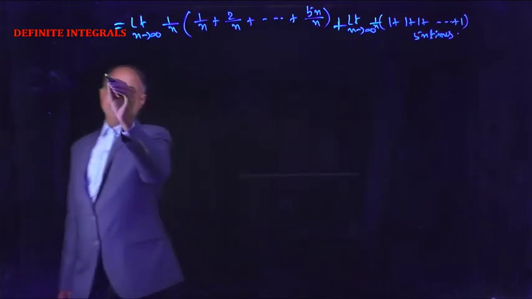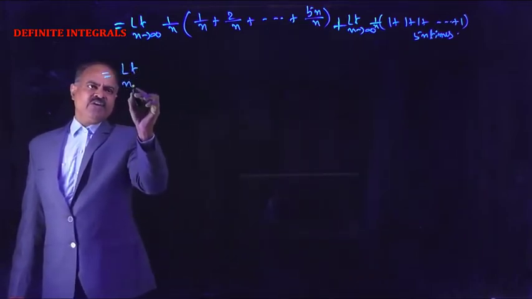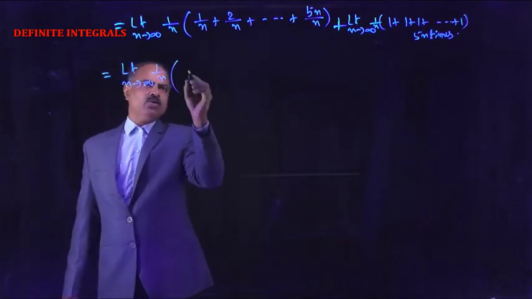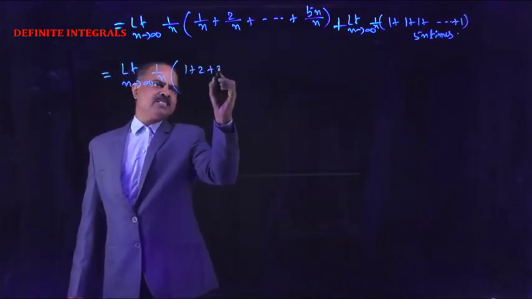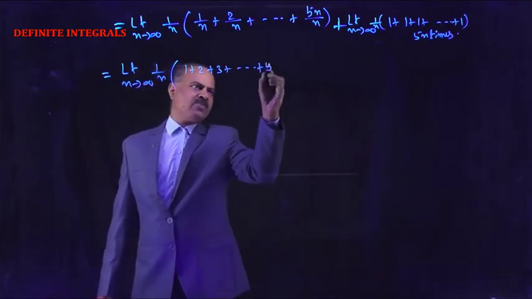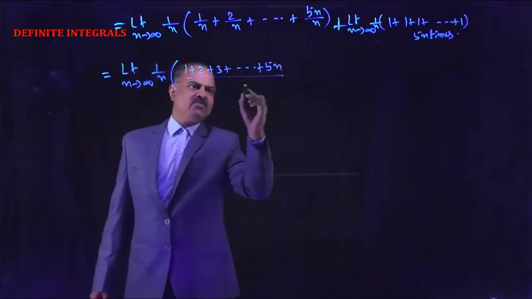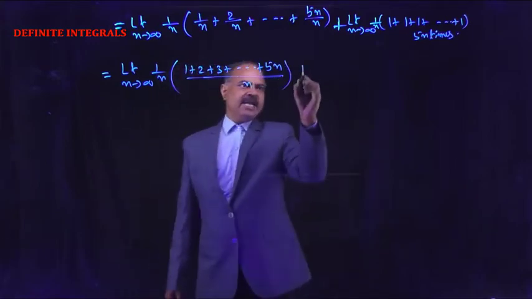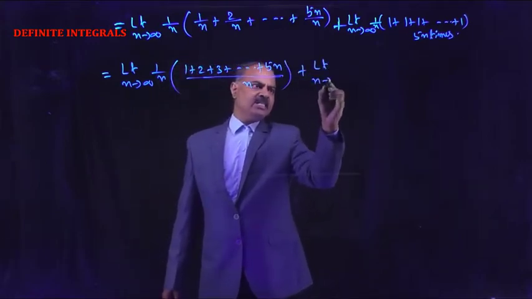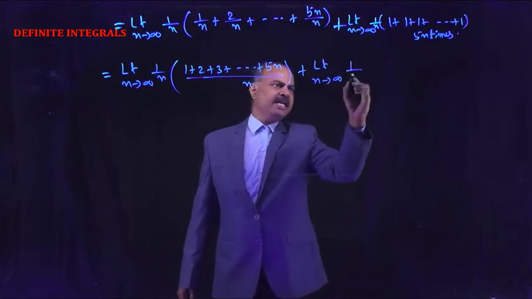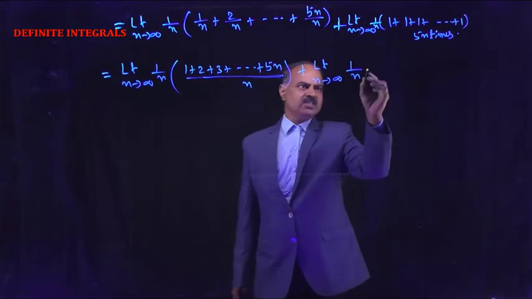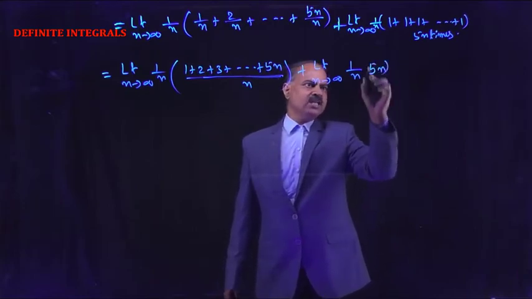Now this is equal to limit n tends to infinity 1 by n into (1 plus 2 plus 3 plus and so on plus 5n) divided by n, plus limit n tends to infinity 1 by n into (1 plus 1 and so on, 5n times), so that is 5n into 1, which is equal to 5n.